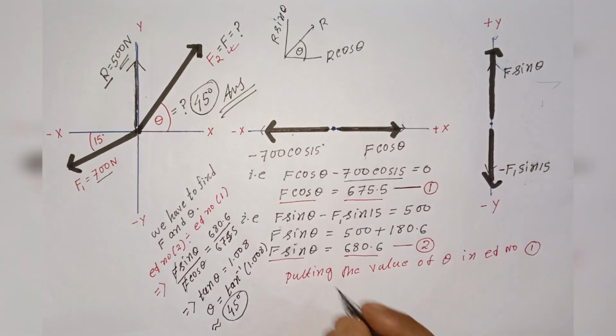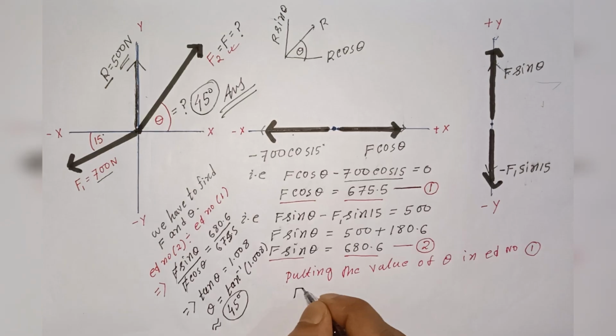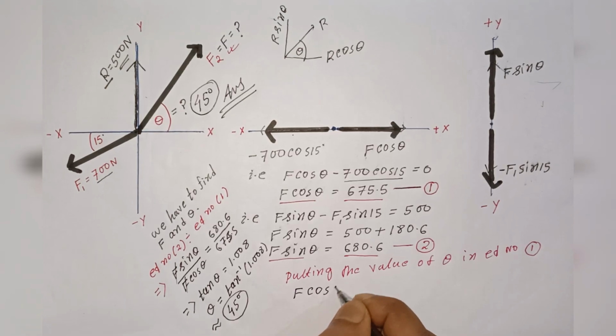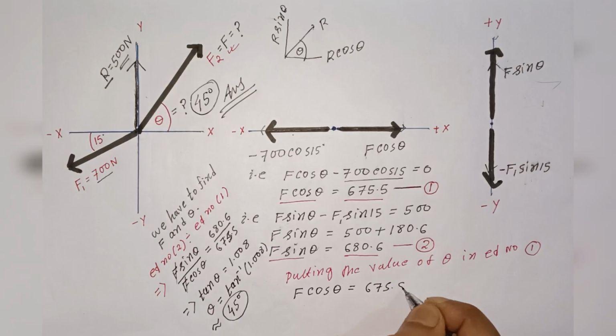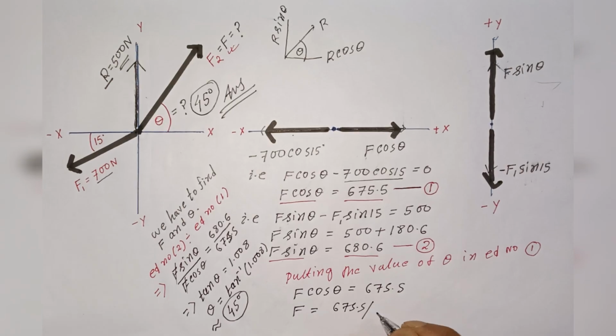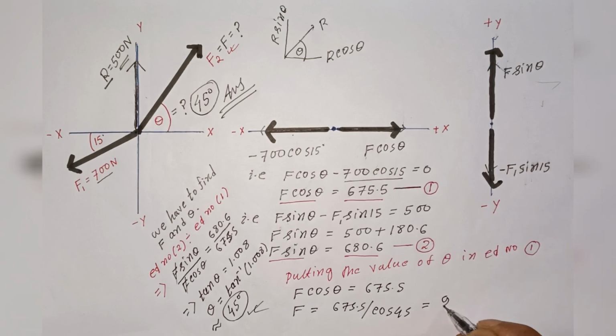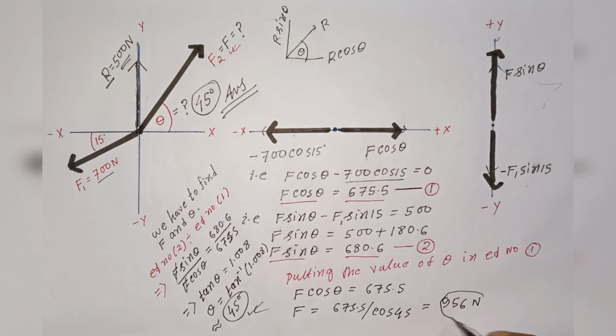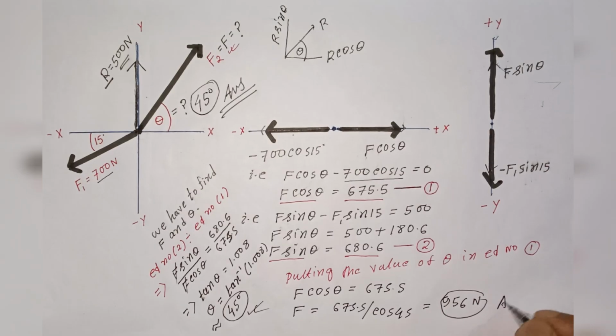From equation number 1 we can write F cos theta, meaning F cos 45, equals 675.5, that is F equals 675.5 divided by cos 45. Very simple, very easy, easy peasy, no tension. The final answer is 956 Newton.